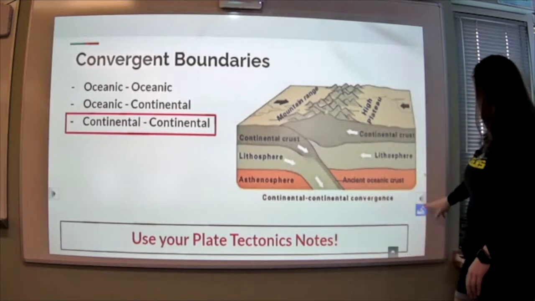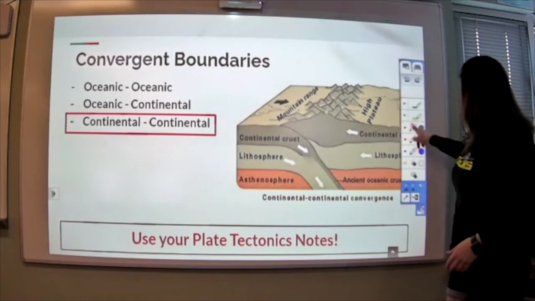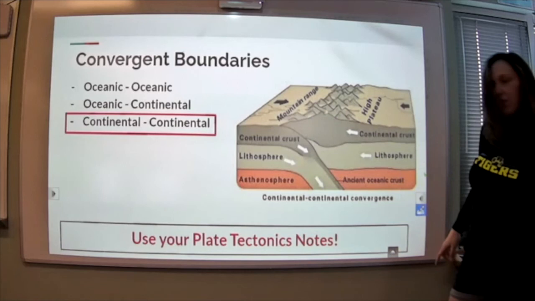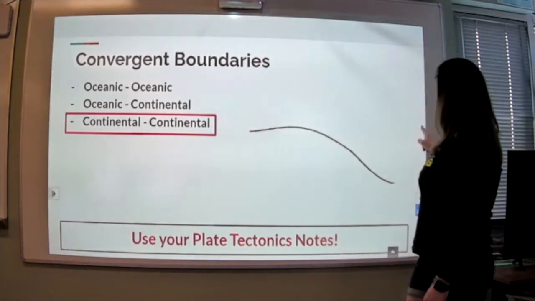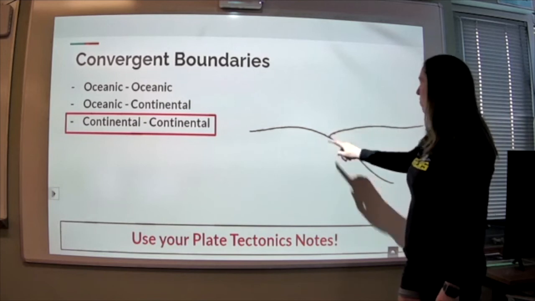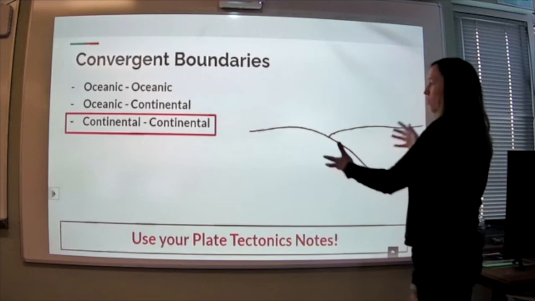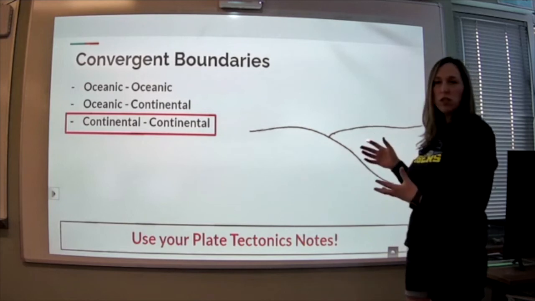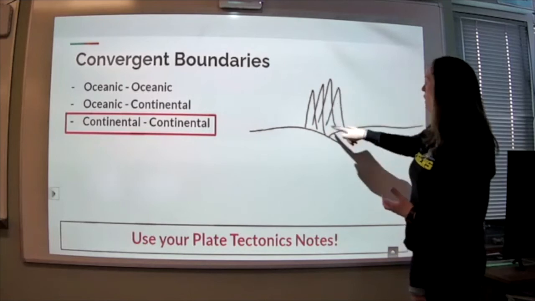And then if we were to draw this ourselves, since we're in the habit of it, we're going to have one plate diving under the other, one plate getting pulled in. Notice we don't have a trench this time. The reason we don't have a trench is because there's not a huge density difference between these two things. The only thing we get where they meet are really tall mountains.